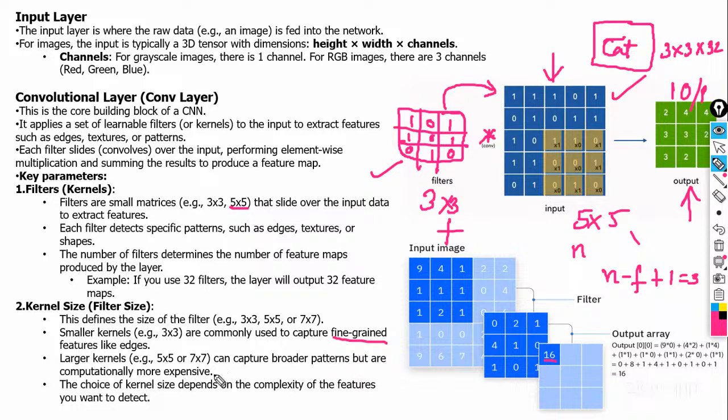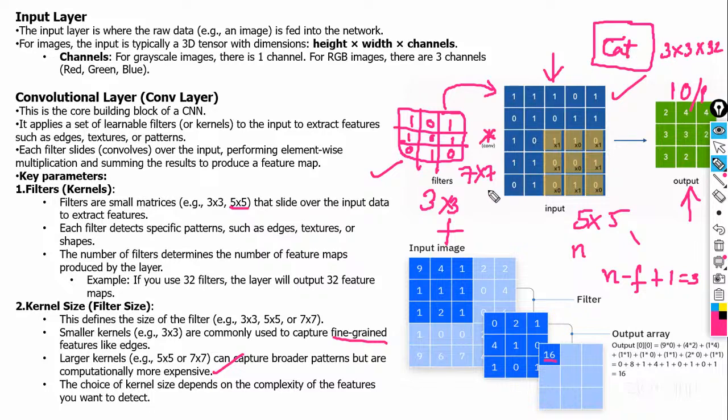But this is obviously computationally expensive. Why? The number of values within your kernel, within your filter, is being extended. 7 by 7 means how many values you'll have? 49 values, friends. When you have 49 values, obviously it will be computationally burdened. That makes the difference. If you take a smaller kernel, it helps us to capture the small, fine-grained patterns like edges of an object inside an input image.